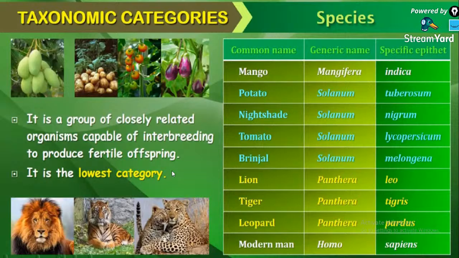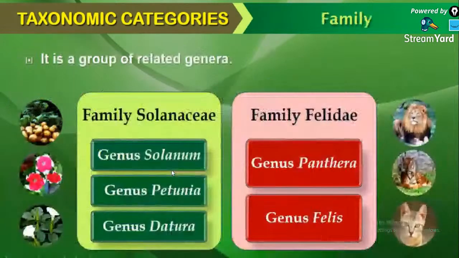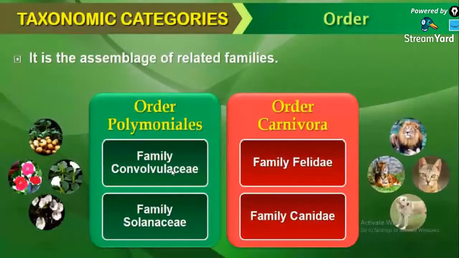When it comes to genus, the number of common characters decreases and plants are separated. Genus Solanum, Panthera, Felis, they are separated. When they come into family, plants come into one family, animals that we showed come into another. When it comes into order, they are grouped together.